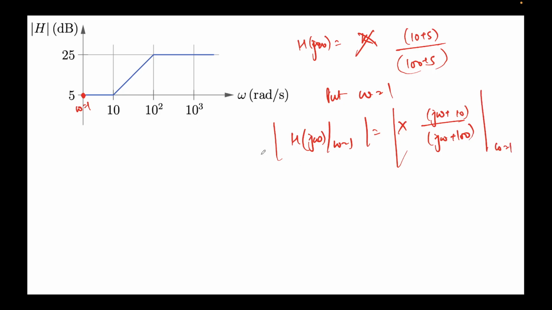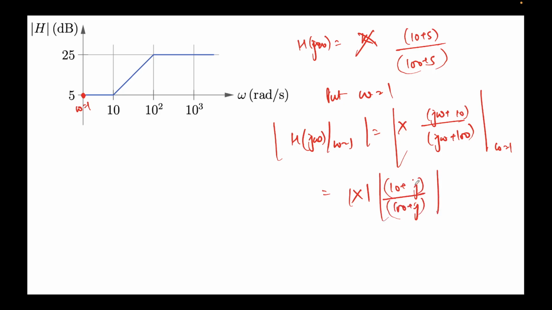This value is 5 in 20 log dB. So let's just evaluate this expression. This is mod x times j omega plus 10. So if I put omega equal to 1, this will give me (10 plus j) over (100 plus j).